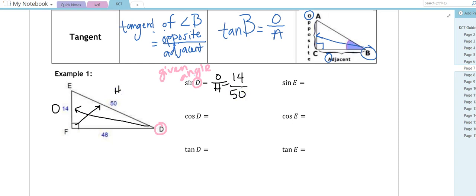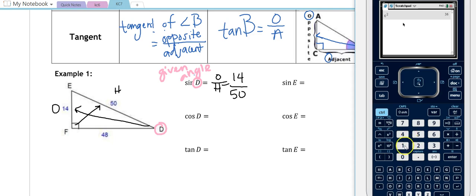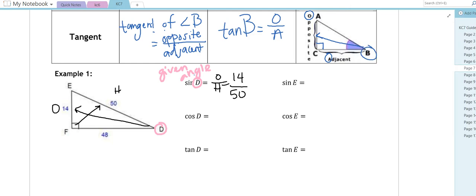So now in your calculator, if you simplify 14 over 50, so 14 divided by 50, we do get 7 over 25. When I am simplifying, that is exactly where I'm getting my answers. I'm simply plugging it into my calculator, and it's going to simplify my ratio form.